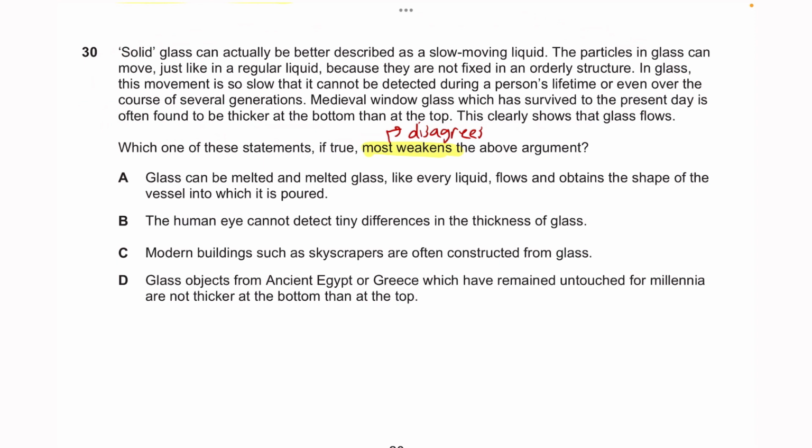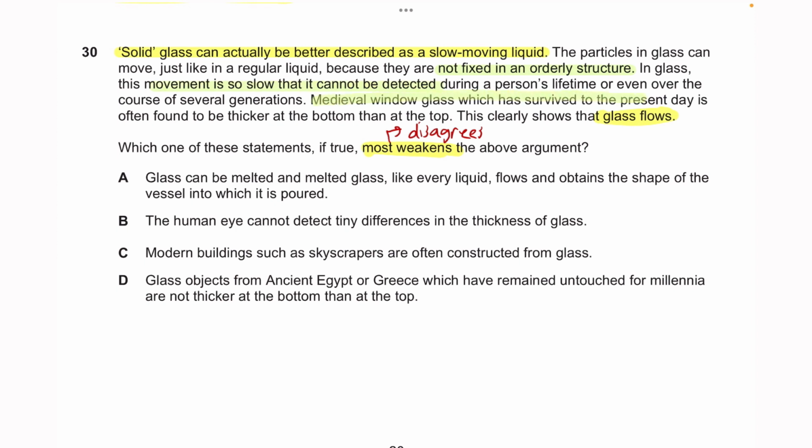Now, the main idea here is that glass flows, okay? That's their main idea, that solid glass can actually be better described as a slow-moving liquid. Now, the reasoning that they give is that it talks about how they're not fixed in an orderly structure. The movement is so slow that it cannot be detected during a person's lifetime. And medieval glass, which has survived to the present day, is often found to be thicker at the bottom than at the top.